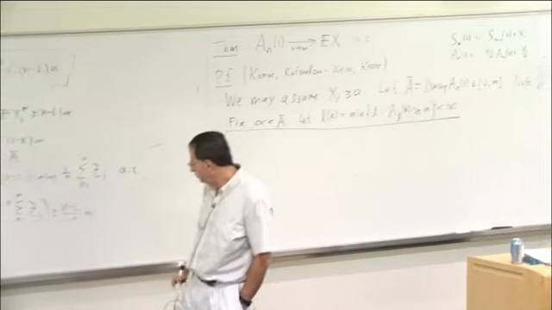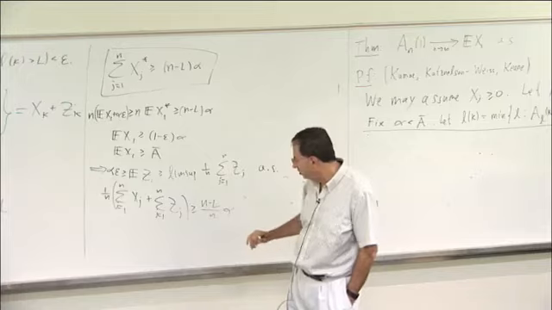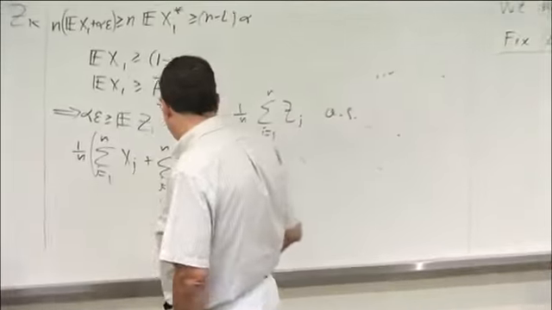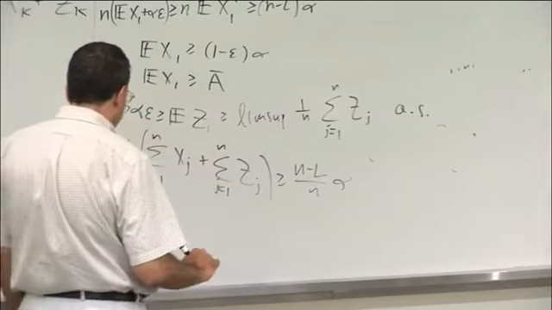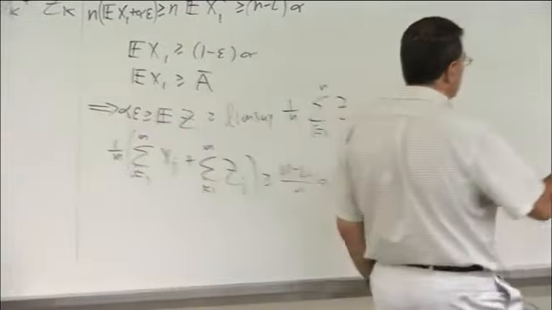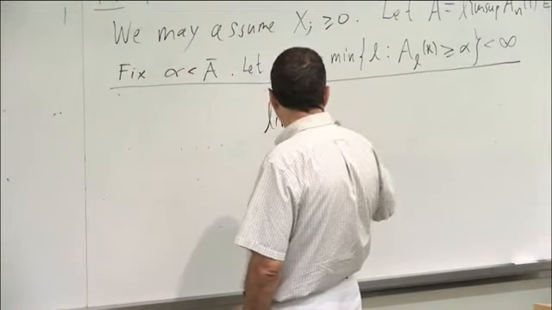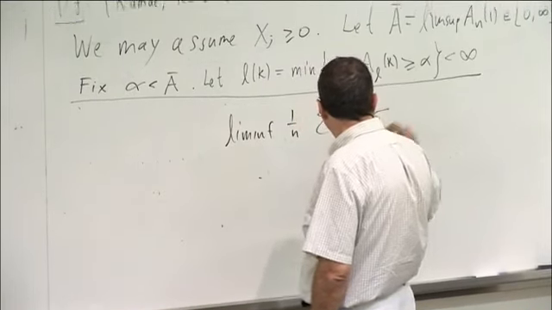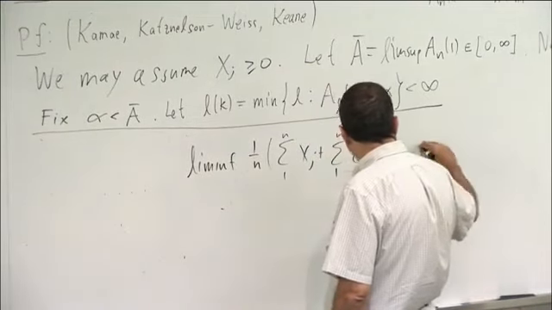Okay, now we want to take the lim inf of both sides. Well, here it just converges to alpha. What can we say about the lim inf of this side? Well, on the one hand, it's bigger than alpha from that inequality.